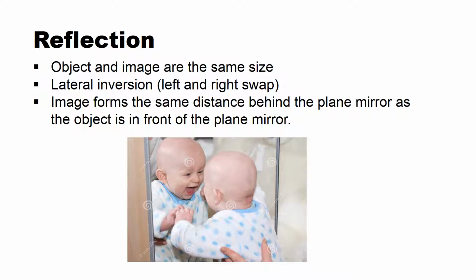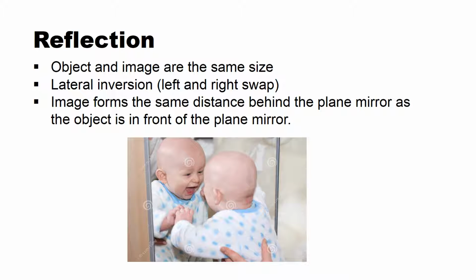When we look at a reflection in a mirror, there are a few properties that you commonly see. The first thing is that the object and the image are the same size. We don't end up with a diminished or an enlarged image. The next thing is your lateral inversion, where your left and right hand swap. You often see this in writing on emergency vehicles.